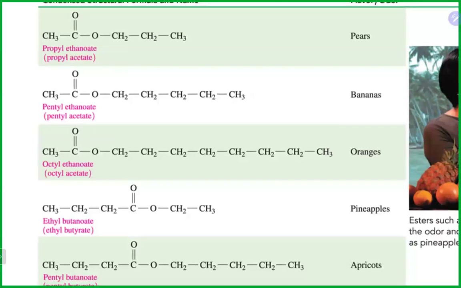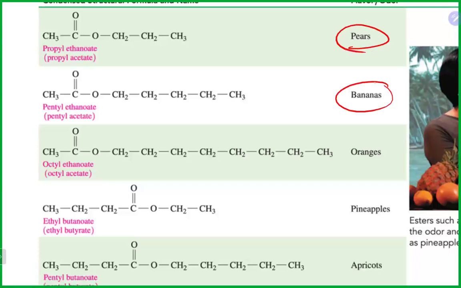And again, this guy here, which is propyl ethanoate, is responsible for pears. Bananas here, pentyl ethanoate. Again, here is our ester bond. Going this way on all of these here is our alcohol part. Going the other way is our carboxylic acid part.